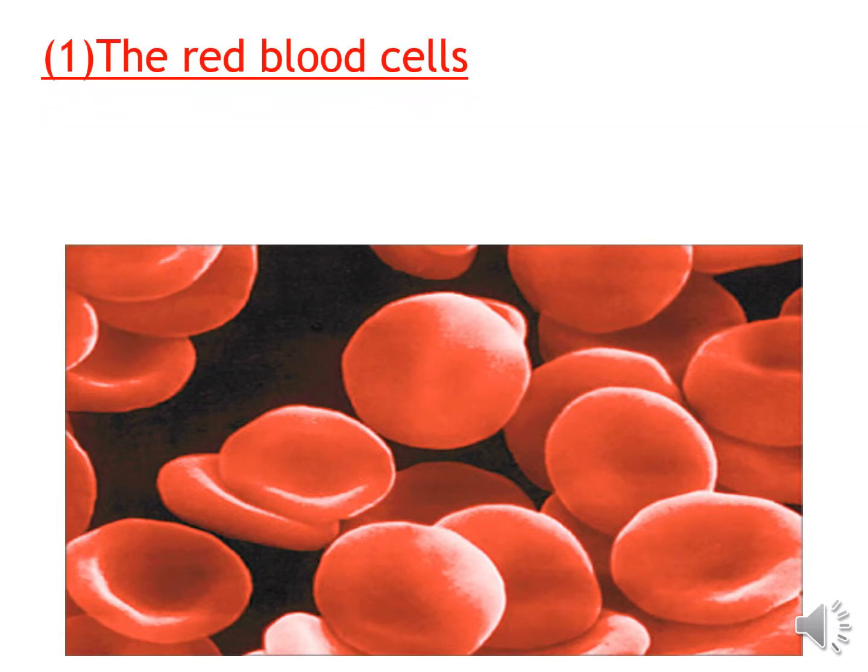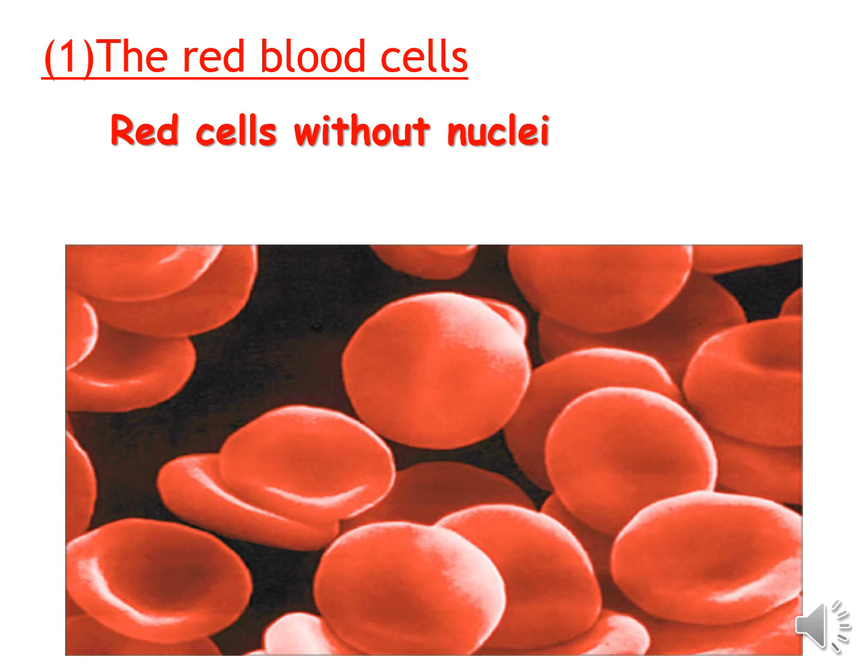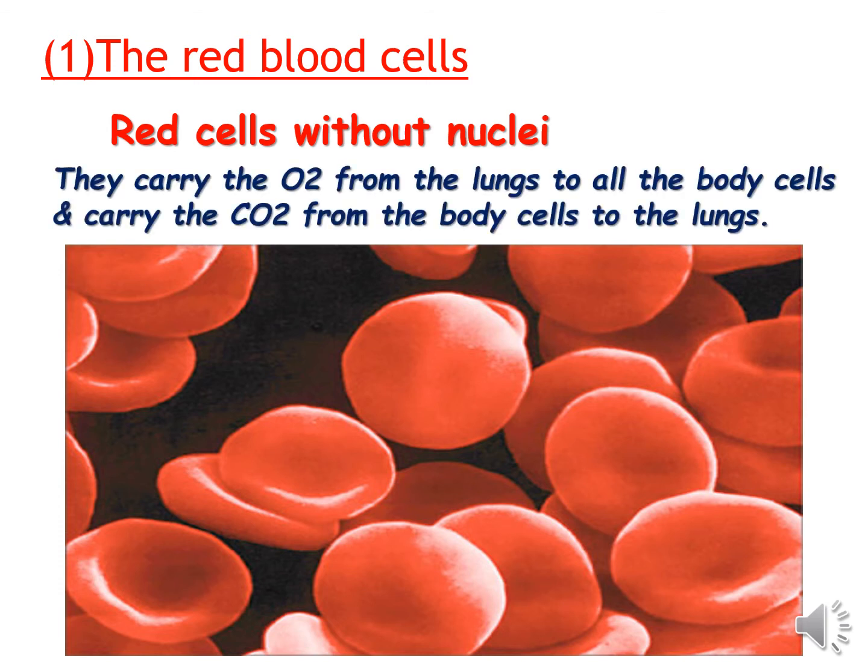Red blood cells are red cells without a nucleus. They carry oxygen gas from the lungs to all body cells and carry carbon dioxide gas from body cells to the lungs.